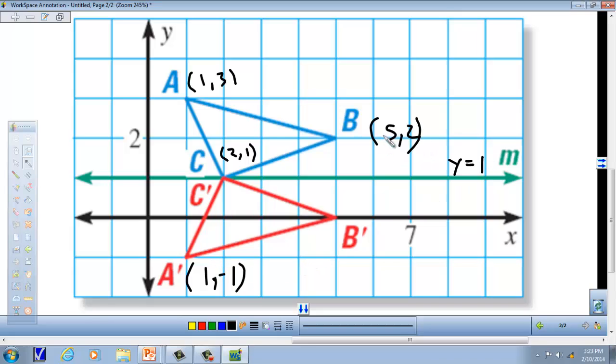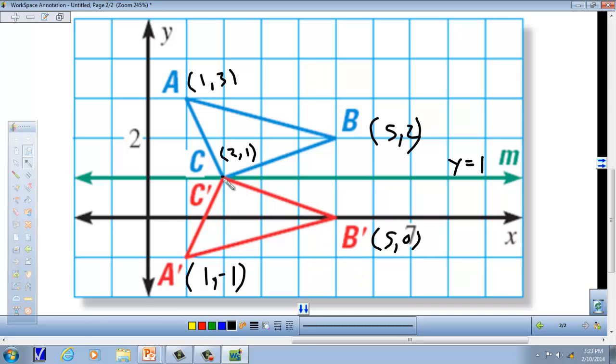With the second point, we can see that it's 1 away from the line, so we would go 1 below. So again, 2 minus 1 would get me 1, and then 1 minus 1 would get me 0, so this would be 5, 0.